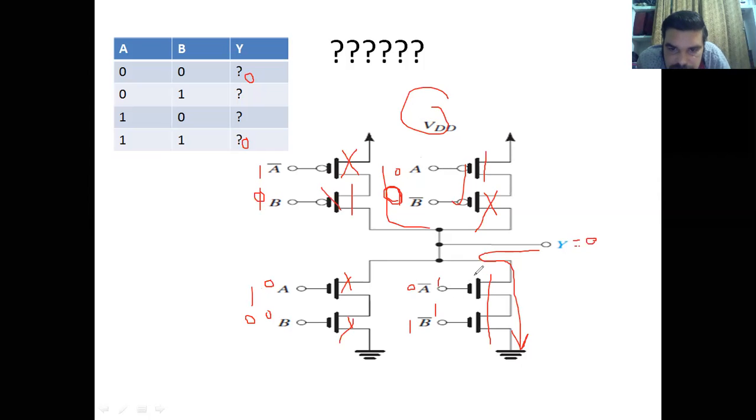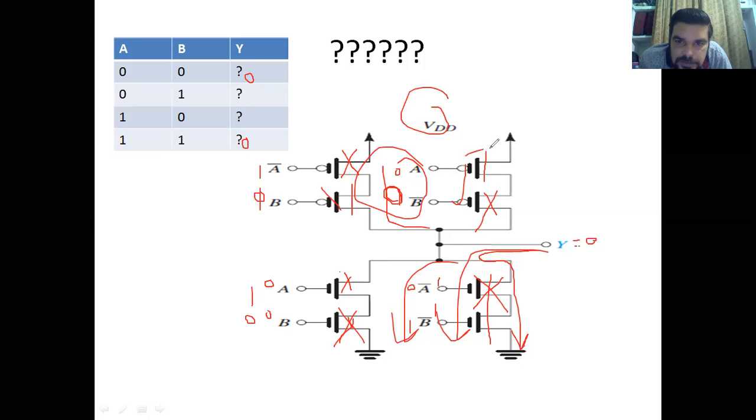So here you can see that this transistor is off. Here this transistor is off. You can see that the connection of output to the ground is broken from both the branches. But here, if you see, both the inputs are 0, so these two PMOS will be on, so output will be connected to the supply, so output will be high.